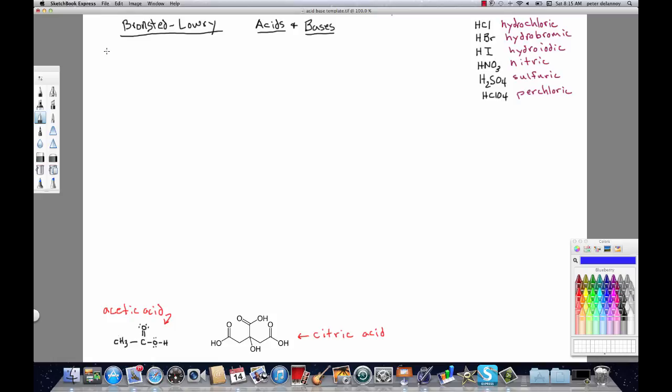The basic, or standard, definition of an acid by Bronsted-Lowry will be any substance that donates a proton in a proton transfer reaction.